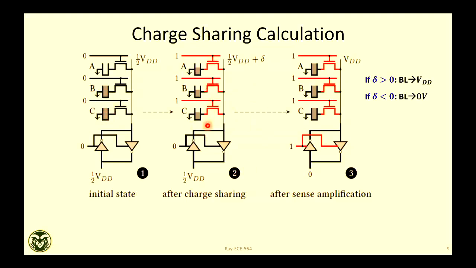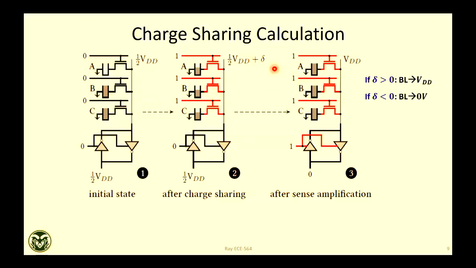In a normal DRAM read, you never do triple row. You just read one row by one row. But this is for computing. If you want to use the same fabric for computing, you have to do multi-row activation. So that's one change.